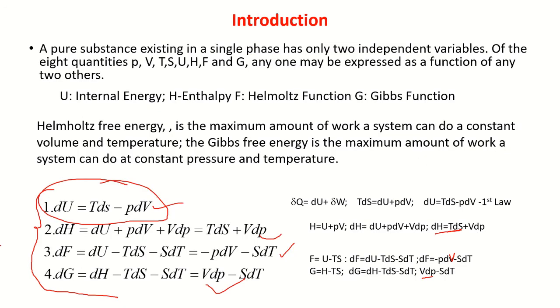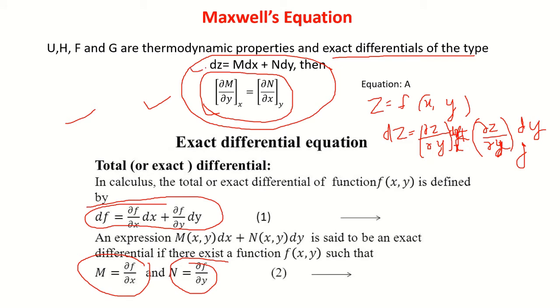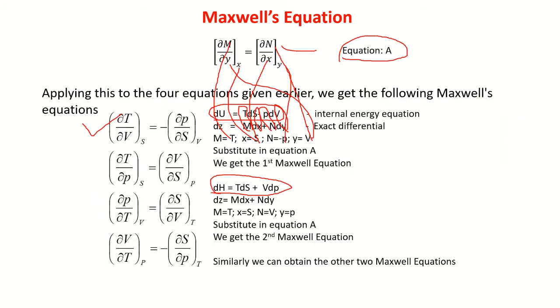Again, you take this equation, dH is equal to TdS plus VdP. Compare this with this equation. From that you can get M can be replaced by T, x can be replaced by S, N can be replaced by V, and y can be replaced by P. Go to this equation, make those replacements.